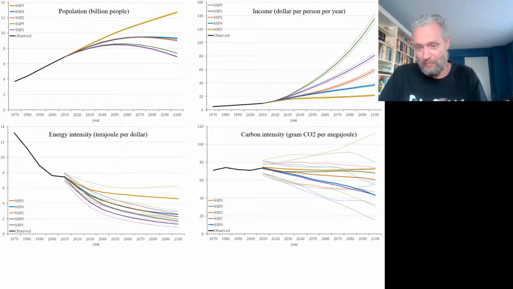But it didn't. You see here that the most pessimistic scenario essentially keeps the carbon intensity as it is. The most optimistic scenario sees it dropping, that is, a switch away from coal towards gas and towards renewables and nuclear. When that happens and the carbon intensity comes down, if we sort of keep the energy mix as it is today, then it won't.